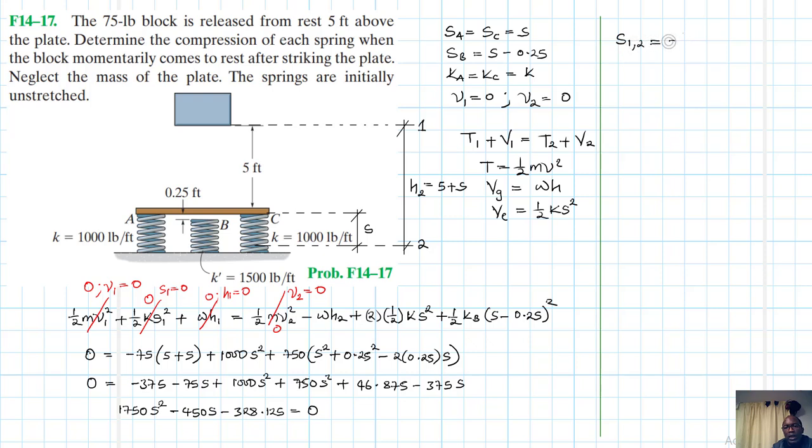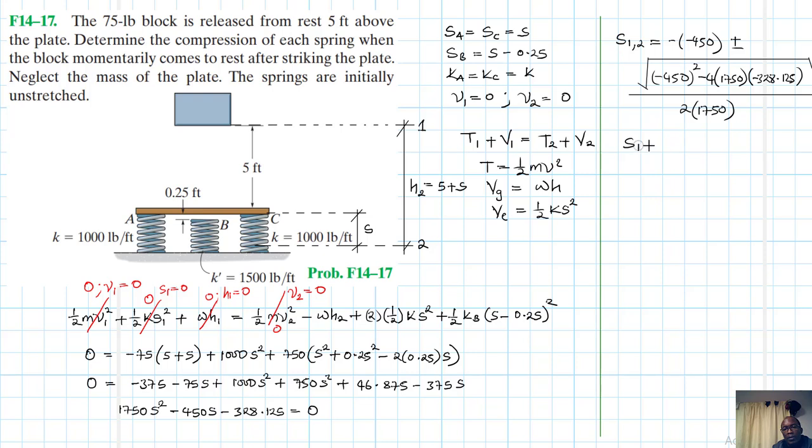This becomes minus b, which is minus 450, plus and minus the square root of 450 squared minus 4 a by minus 328.125, and then we divide by 2 by a.